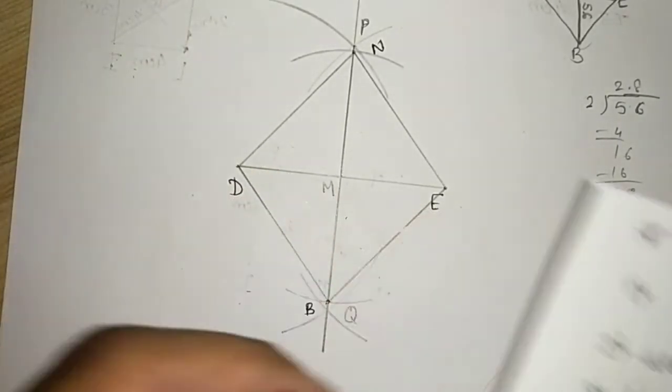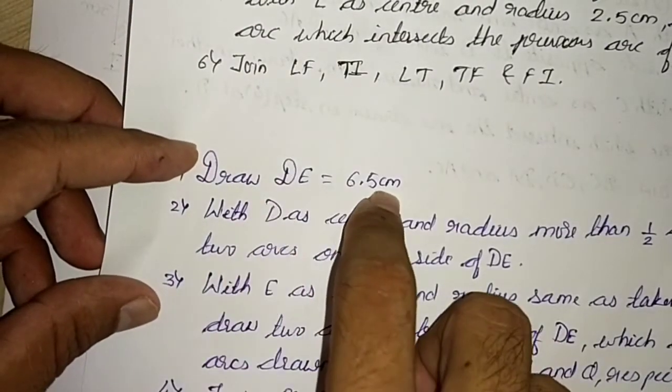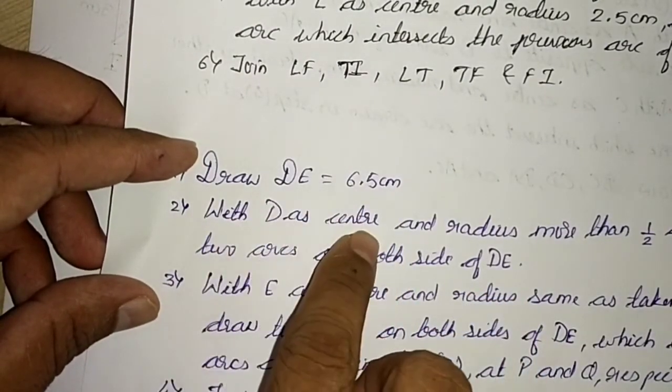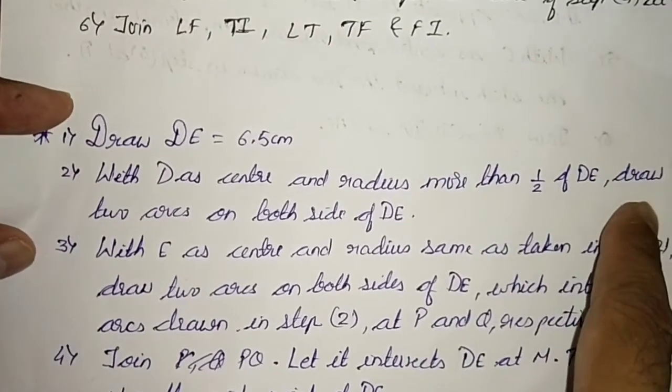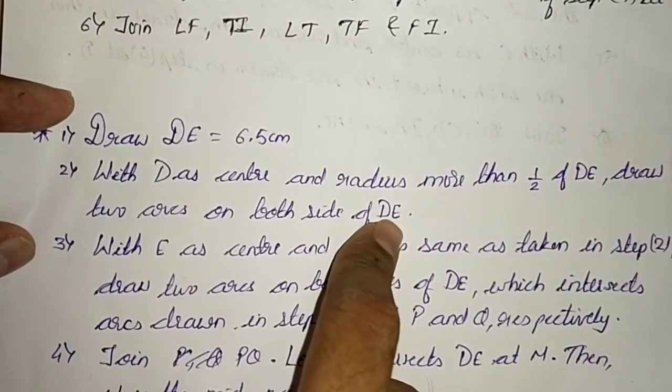Now the steps of construction for this question are different, so let me show you. First we draw DE, 6.5 centimeter. With D as center and radius more than half of DE, draw 2 arcs on both sides of DE.